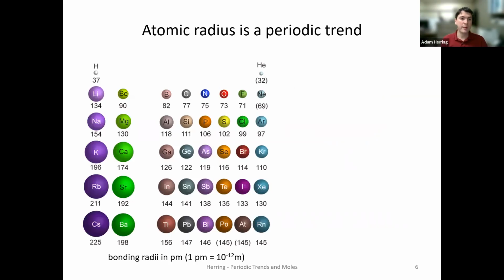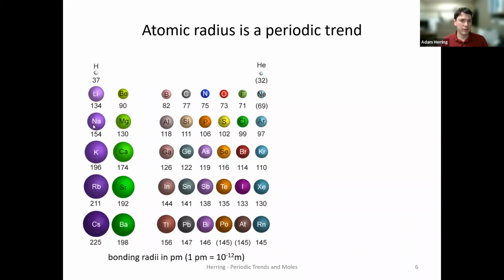When we look at the atomic radii, which is plural for radius, of different elements, of the main group elements, we can see that there are trends. The values listed here on the screen are the bonding radii of those elements expressed in picometers.